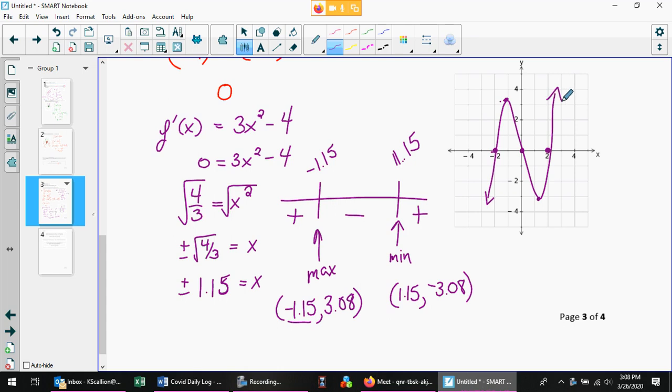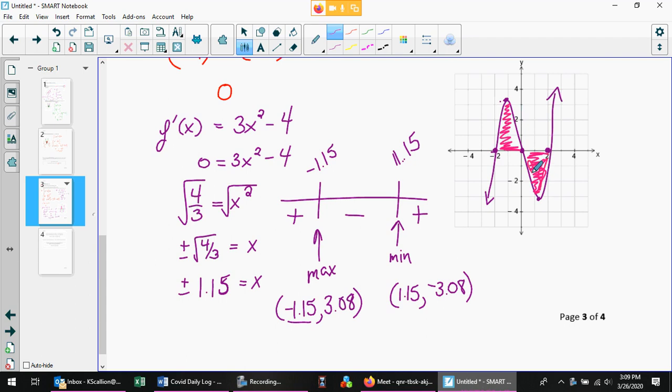It said the area bounded by the function and the x-axis. As you can see, it's symmetrical. So the function bounded by negative 2 to positive 2, that's this area in here, all the way to the x-axis. And then there's this one below.